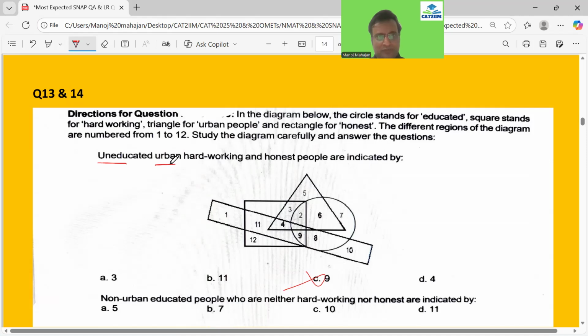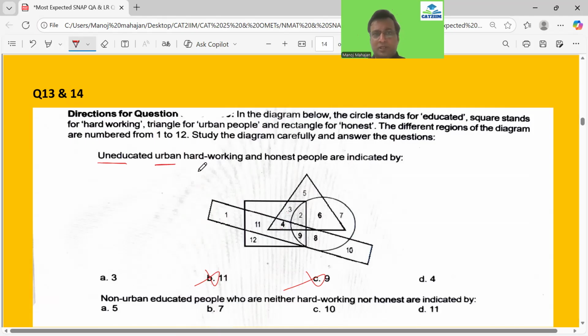If I look over here, they have given the triangle. So of course we have to limit ourselves to the triangle for sure. So the answer could be 4, 3, 2. Sorry, we won't be going inside the circle because the circle stands for educated. We have to look at uneducated. So the answer could be from 4, 3, or 5. So we can rule out this also. So either it is 3 or 4 as per the choice.